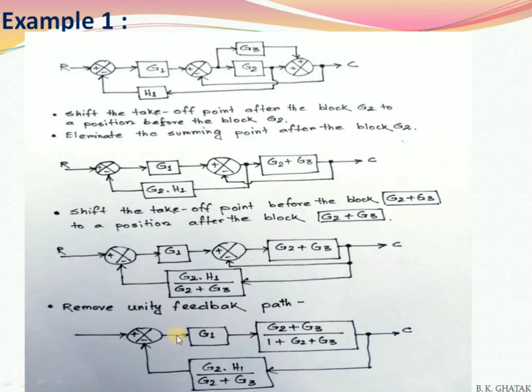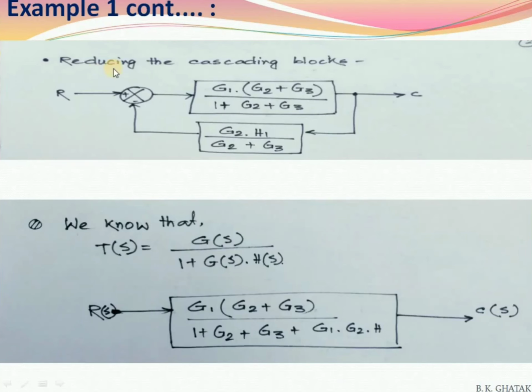Clear? And then calculate the whole transfer function. We know that one. So have a look. So reducing the cascading block: G1 into G2 plus G3 by 1 plus G2 plus G3. Clear? And we have the feedback block as G2 into H1 by G2 plus G3. Clear?